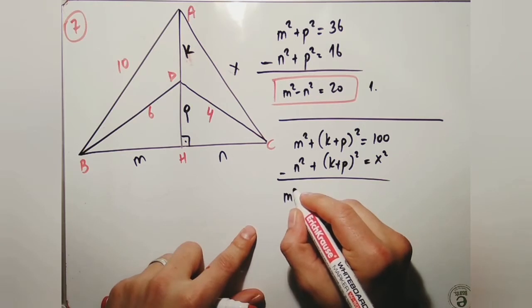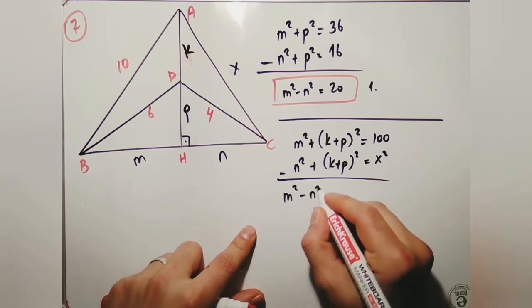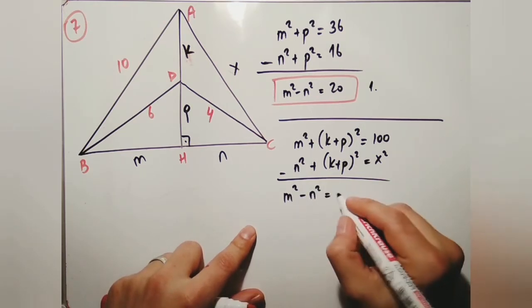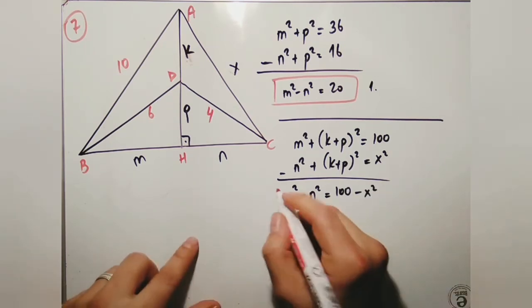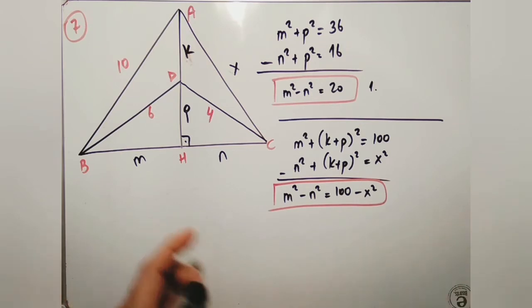So I will have m squared minus n squared is equal to 100 minus x squared as the second expression.